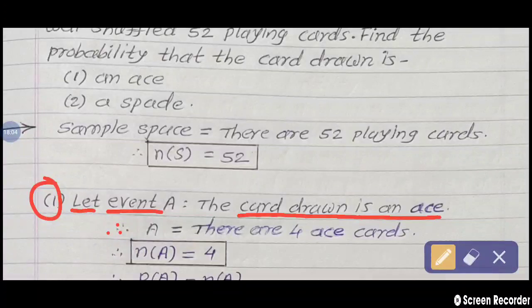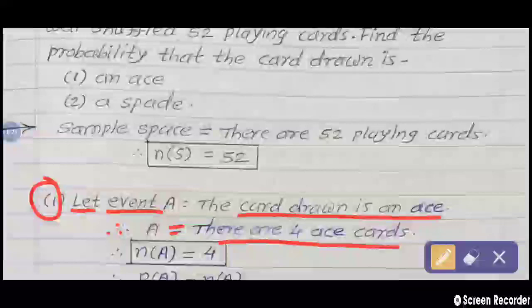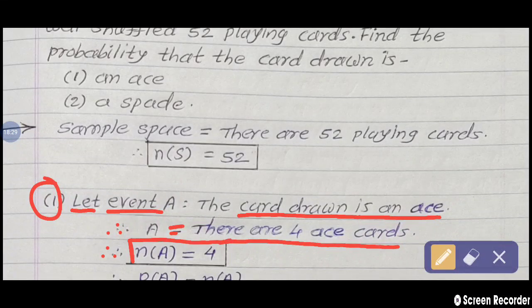That is ace card of heart, ace card of diamond, ace card of club, and ace card of spade. So how many are there? Total 4. So A is equal to, there are 4 ace cards in 52 playing cards. Therefore n of A is equal to 4. All of you understood this.